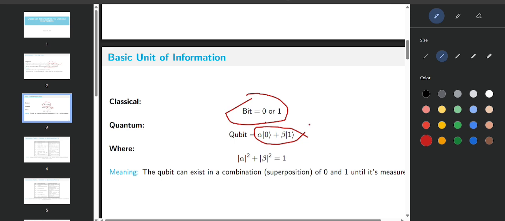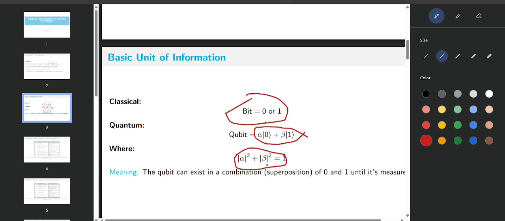If you are not familiar with ket 0 and ket 1, please refer to the old video that I have created on quantum gates. Where ket 0 is nothing but [1 0], and ket 1 is nothing but [0 1].